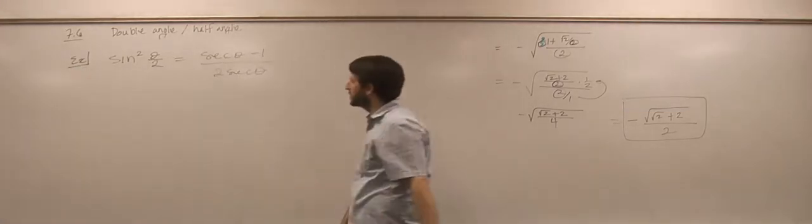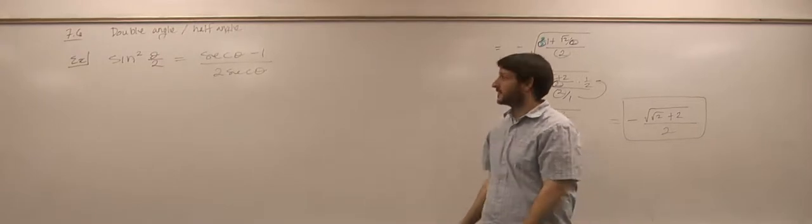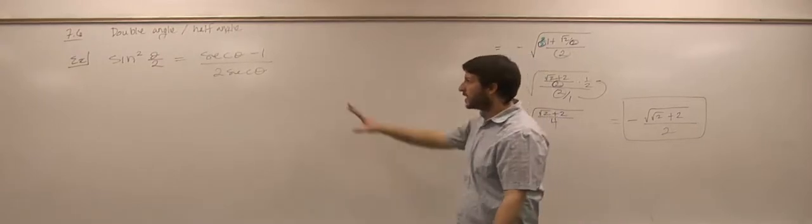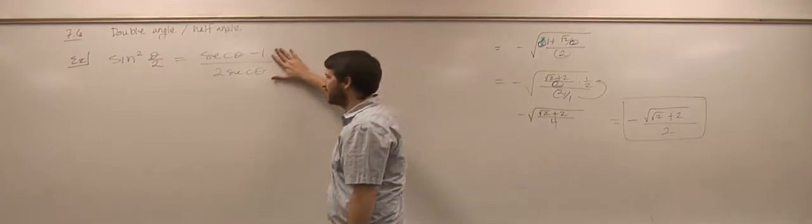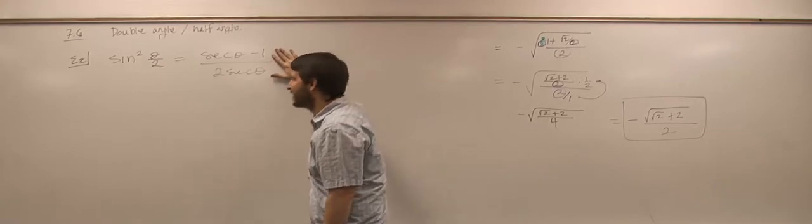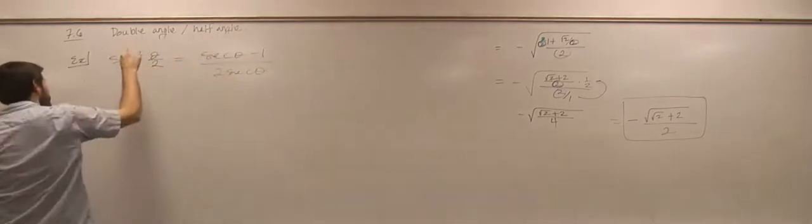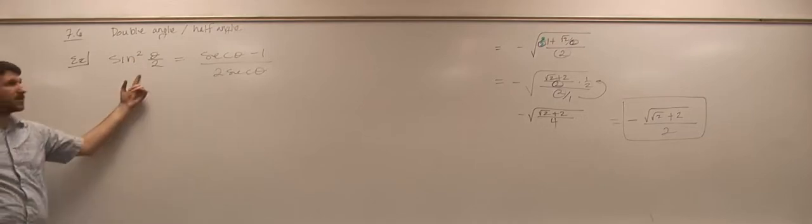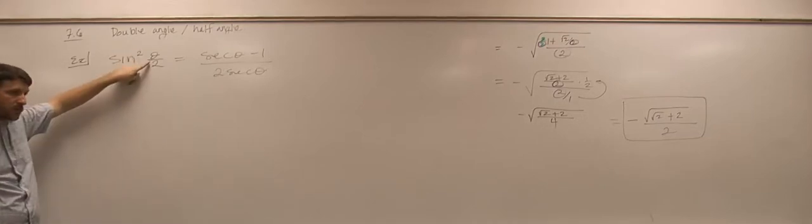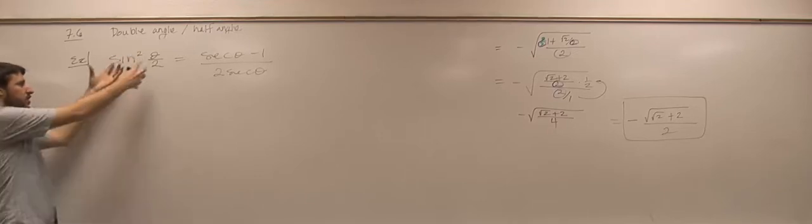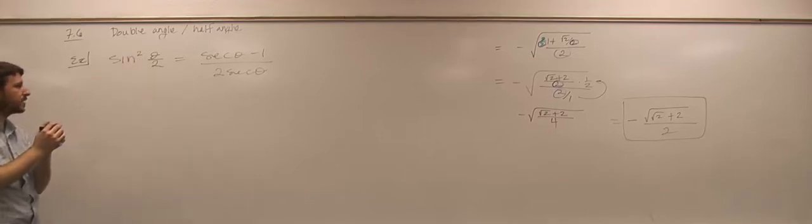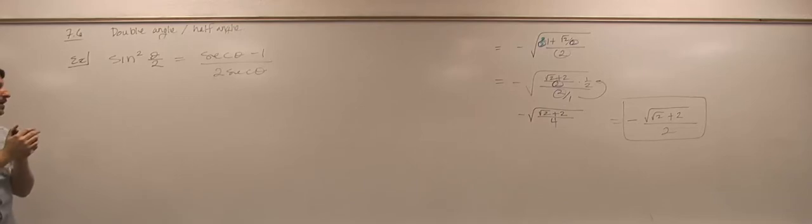Feel good about this. How do we start? Right side? You don't want to start here, you want to start here. Why do you want to start here? Well, the square too, but you have a formula for sine theta over 2. You have a nice formula that you can just plug right in for sine theta over 2. Get you well on your way.